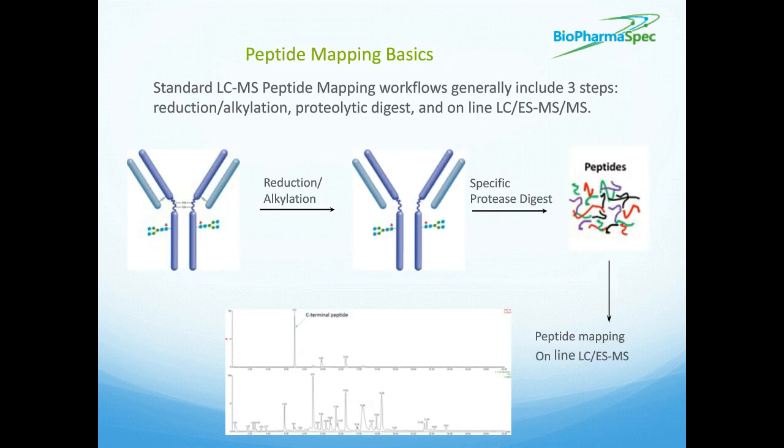Next, we're going to talk about peptide mapping using LC-MS. So this is a really important method that we use for our host cell protein analysis. Peptide mapping is used to characterize a protein by determining its peptide mass fingerprint.